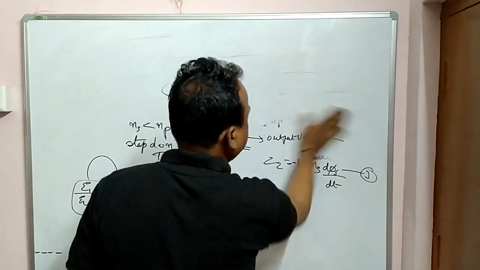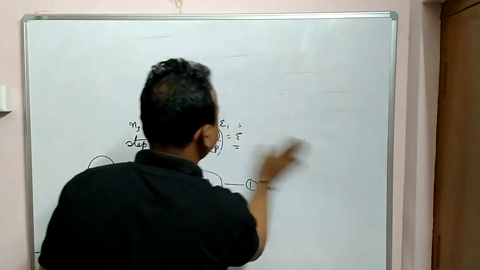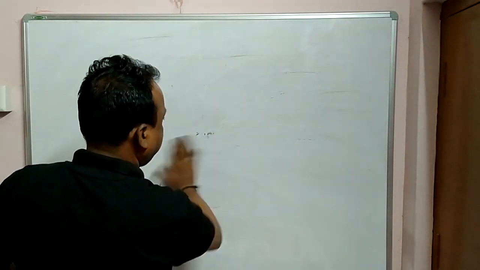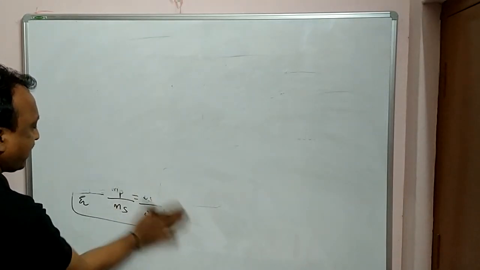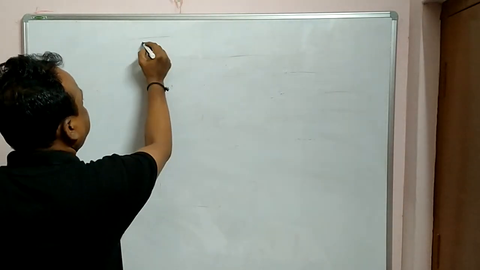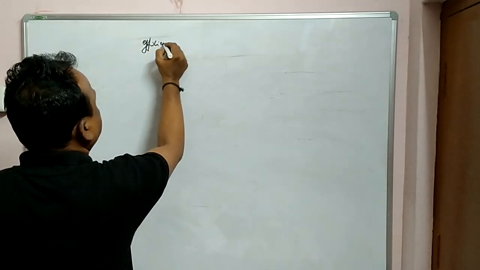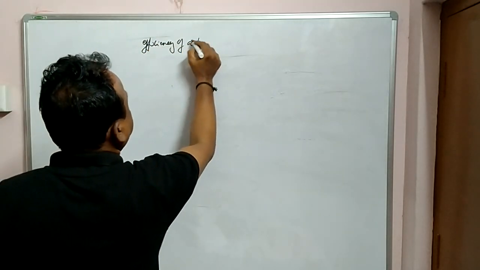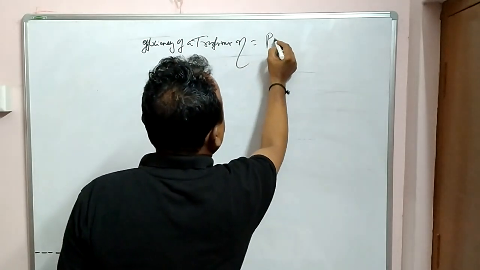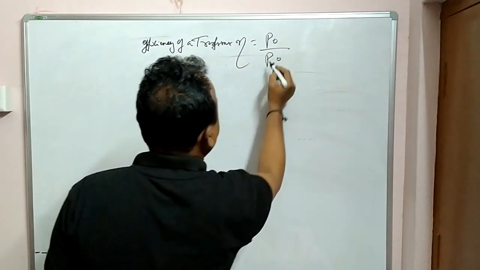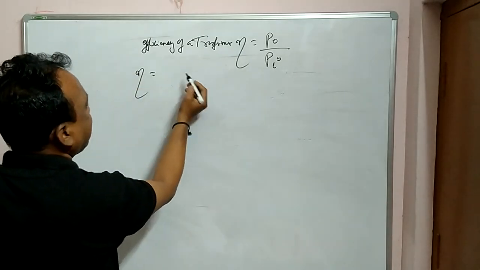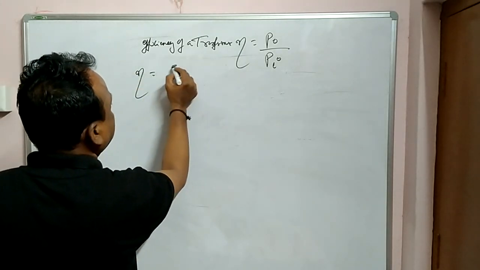The last one, efficiency. Efficiency of the transformer. Generally, in any case, efficiency is defined as power output by power input. Efficiency of a transformer, eta, is given by power output by power input. Clear? Power output, you know, is V2 I2.